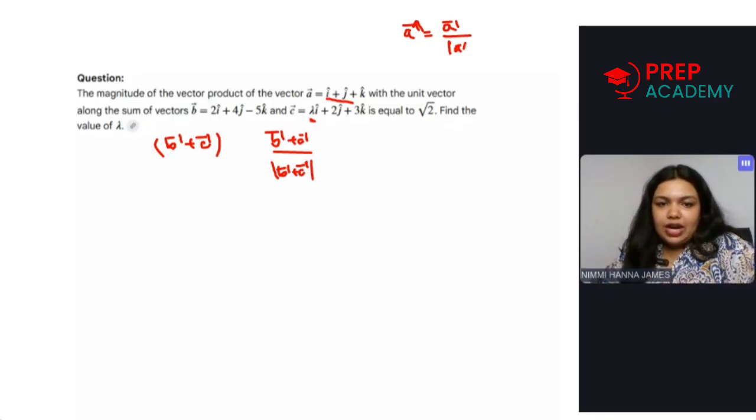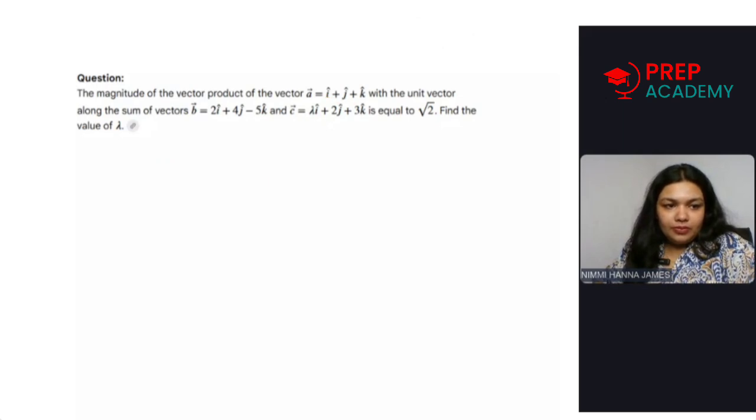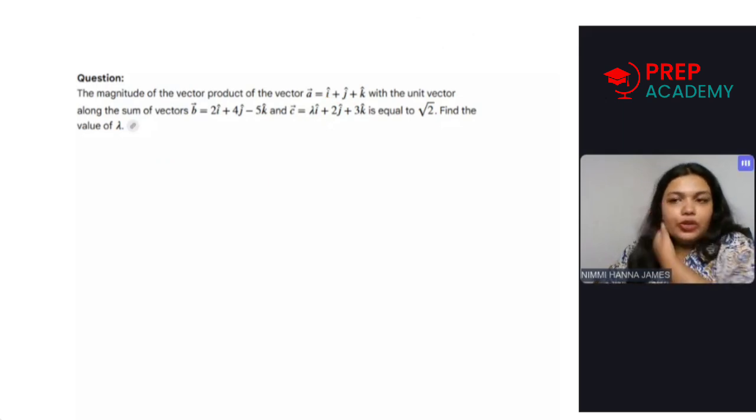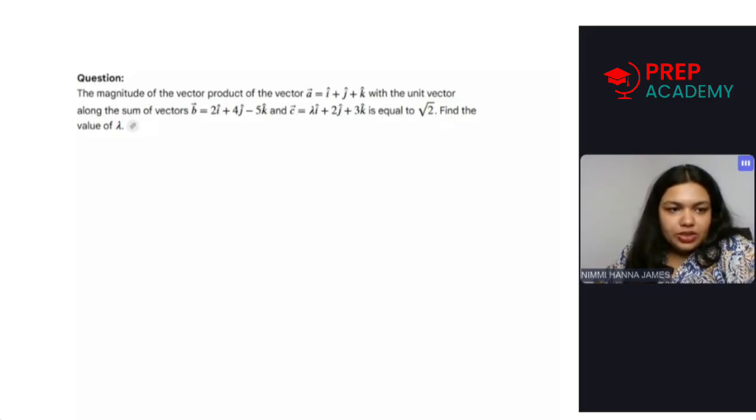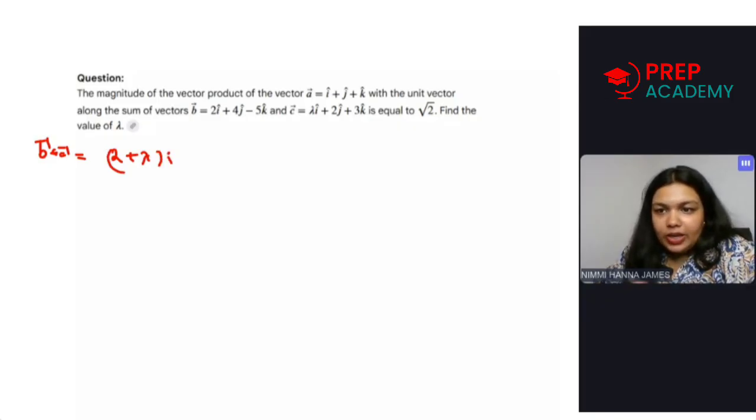Now we will start doing it. First we want to find B plus C. B plus C vector is equal to 2 plus lambda i, and the j and k components are added correspondingly: 4 plus 2, that is 6 j, and minus 5 plus 3, that is minus 2 k.